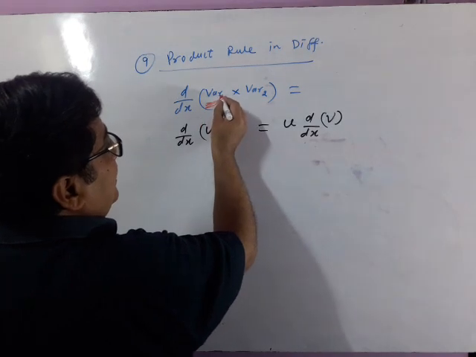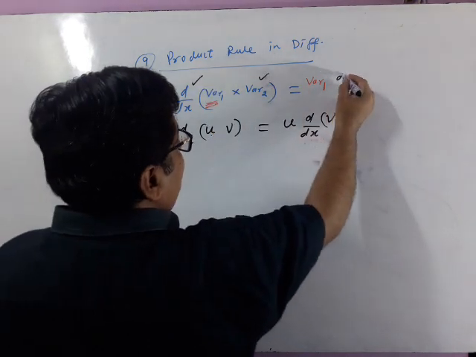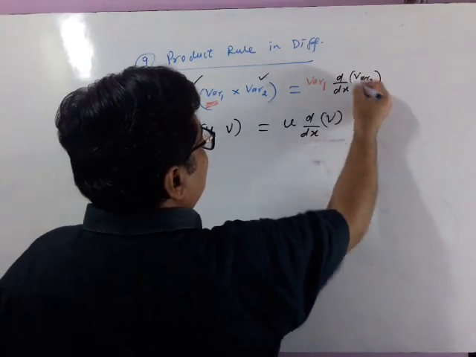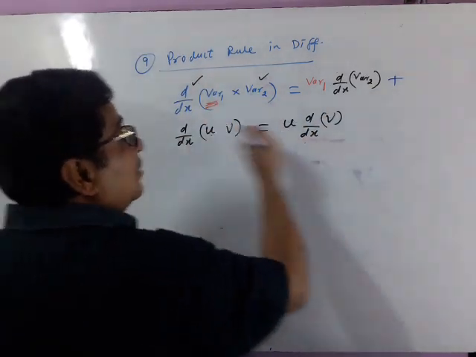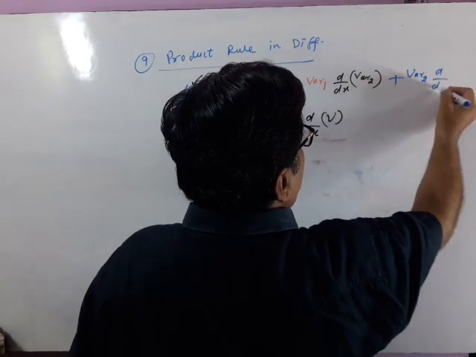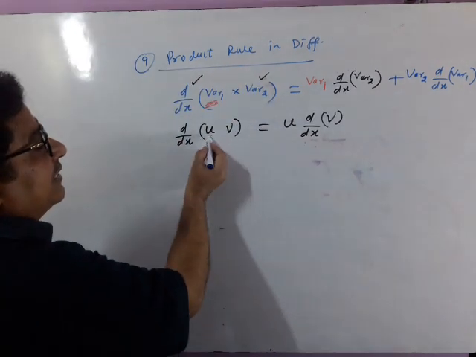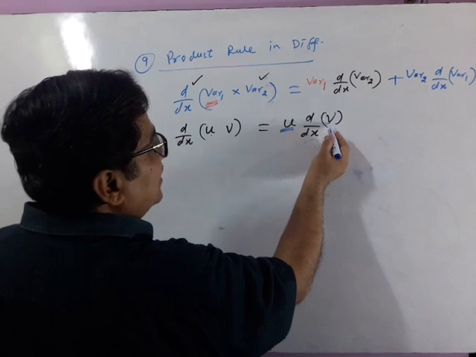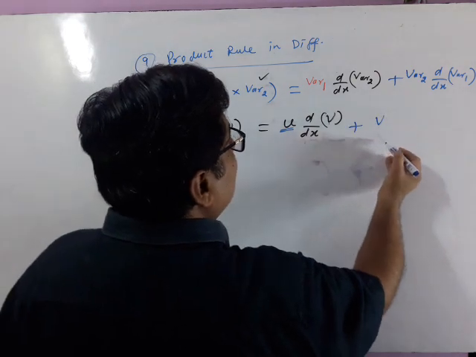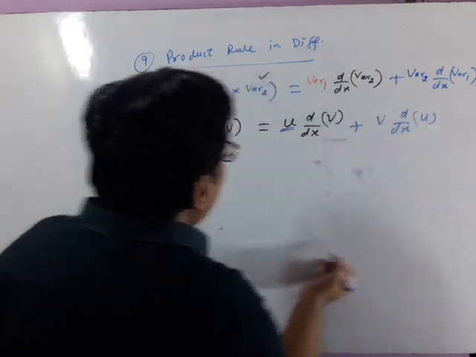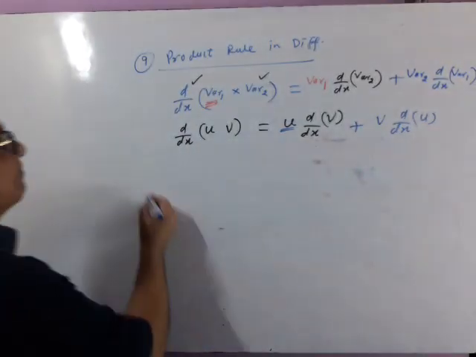Consider variable 1 constant and take it outside, then differentiate variable 2. Now plus, alternatively, take variable 2 outside and differentiate variable 1. Similarly here, u into v: take u outside, differentiate v, then plus, alternately, take v outside and differentiate u. So you may remember it like this: differentiation of uv is u dv/dx plus v du/dx.